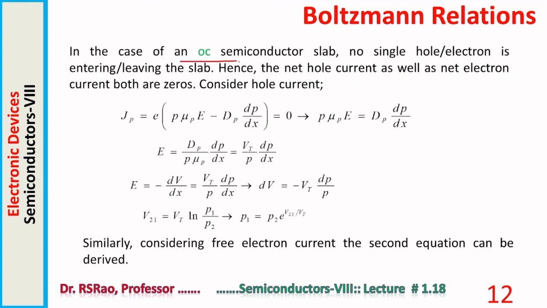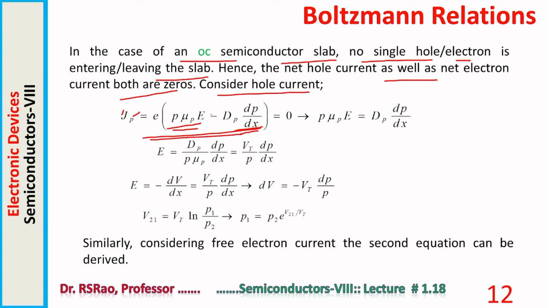In case of an open circuited semiconductor slab, not a single hole or electron is entering or leaving the slab. Hence, the net hole current as well as net electron current are both zero. Considering hole current, this is the relation. Current density due to holes has a drift component and a diffusion component.